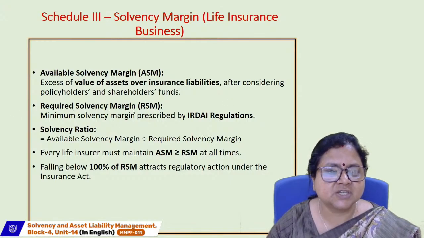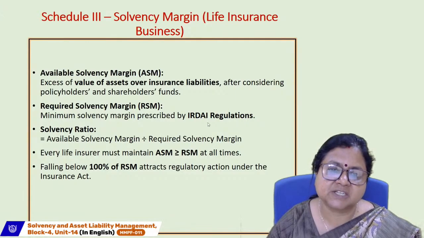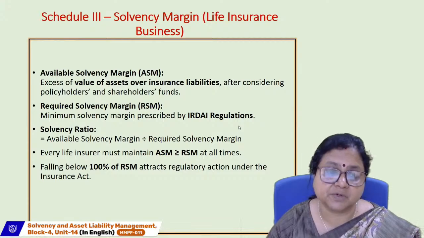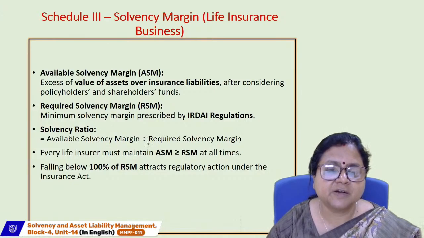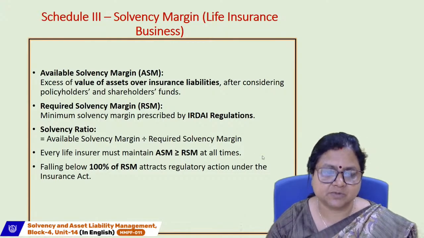Required solvency margin is the minimum solvency margin prescribed by IRDAI regulation, which is 150%. Solvency ratio, as we have understood, is the available solvency margin divided by the required solvency margin. Every life insurer must maintain the available solvency margin greater than or equal to the required solvency margin at all times.